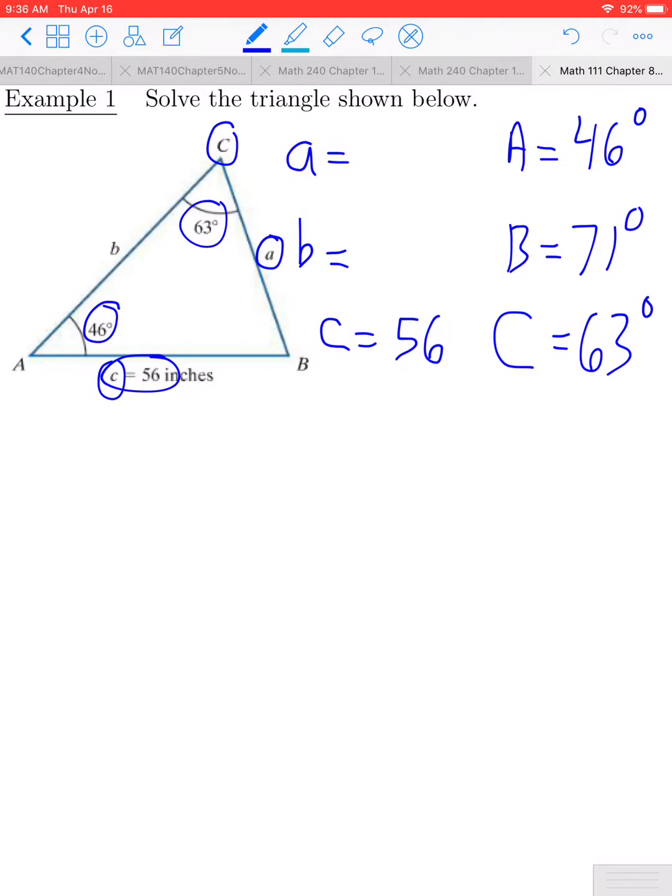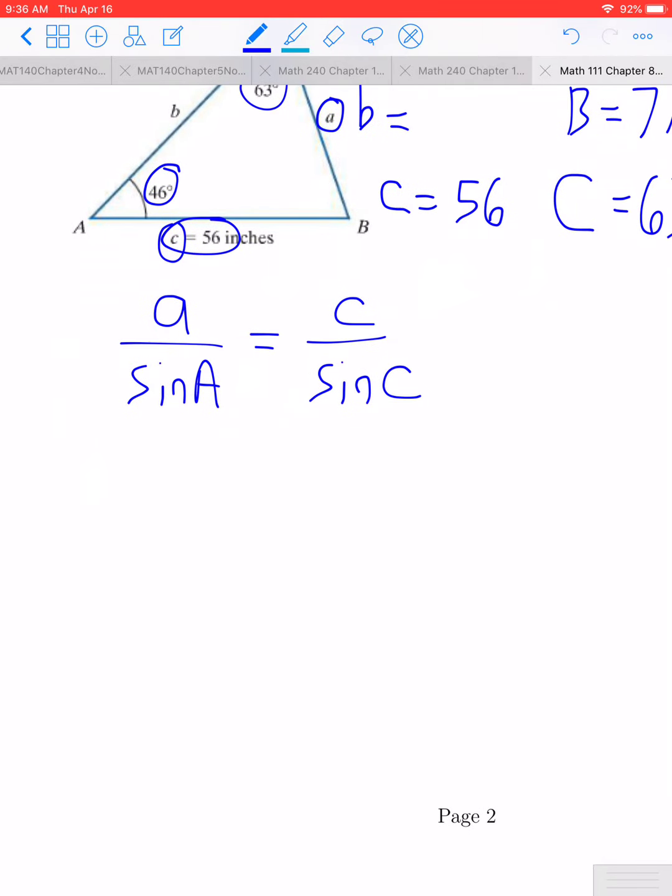So if I want to solve for side A, I can set up a law of sines ratio between the pairs of sides and angles for A and C. The law of sines tells us that side A divided by the sine of its angle, A, is equal to side C divided by the sine of angle C. We don't know A, we're trying to solve for it.